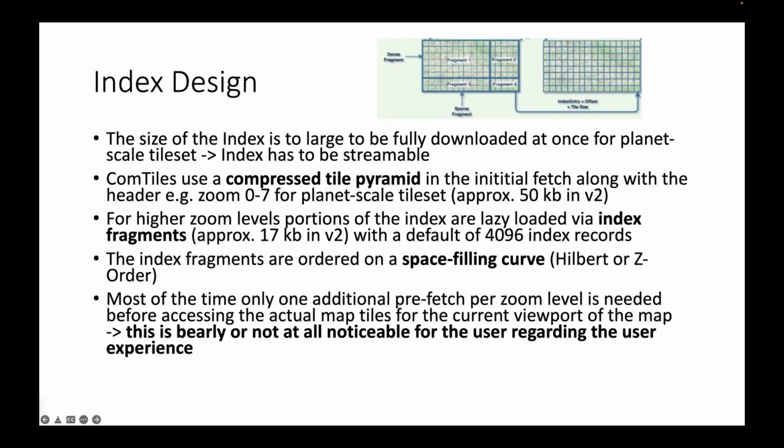For efficiency, these index fragments are ordered on a space filling curve, for example Hilbert or Z-order. With this approach, most of the time only one additional prefetch per zoom level is needed before accessing the actual map tiles for the current viewport of the map. I would say this is not noticeable regarding the user experience. If you're hosting a COMTiles archive on a CDN, we're talking about, on a medium internet connection, about 20 to 30 milliseconds for fetching that fragment.